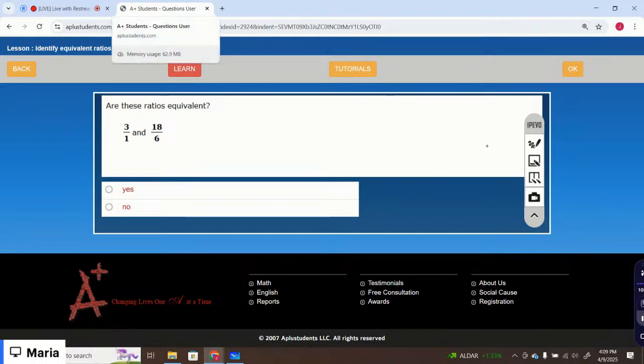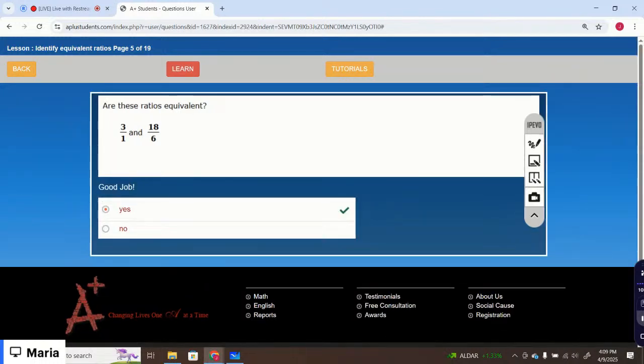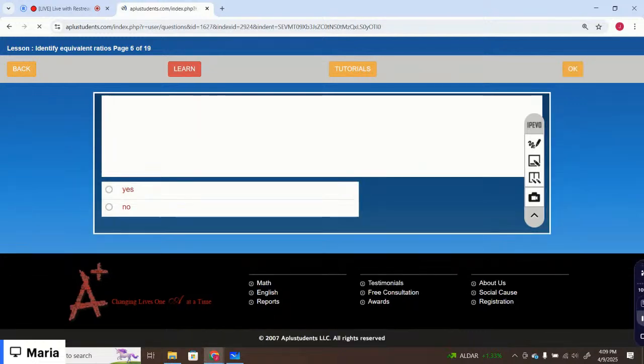Are these ratios equivalent, 3 to 1 and 18 to 6? Yes, they are equivalent. Option number 1 is the correct option.